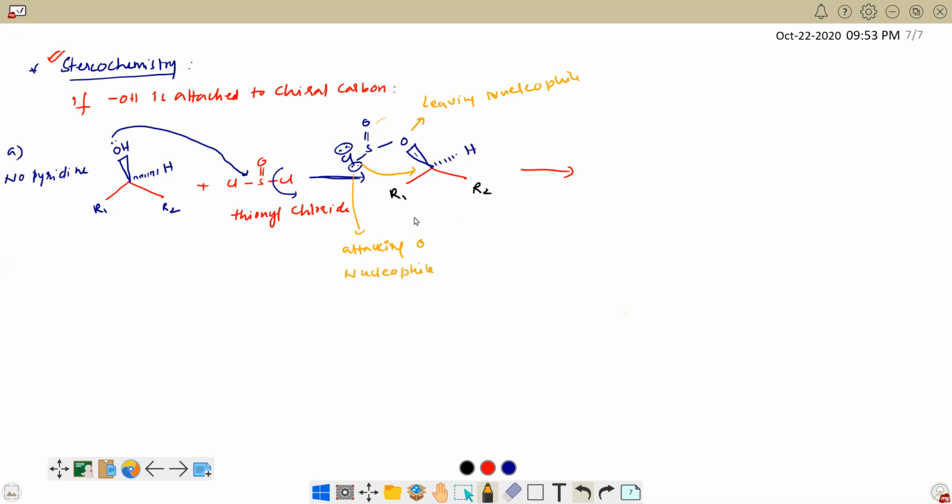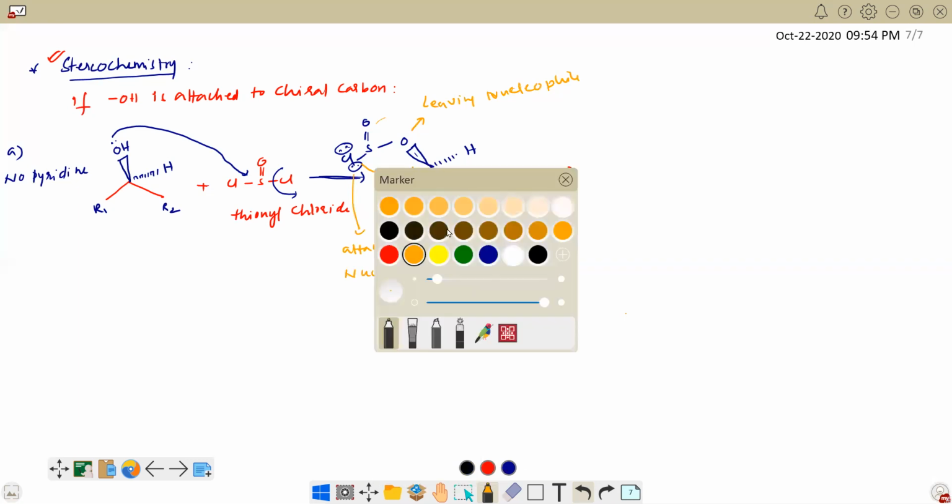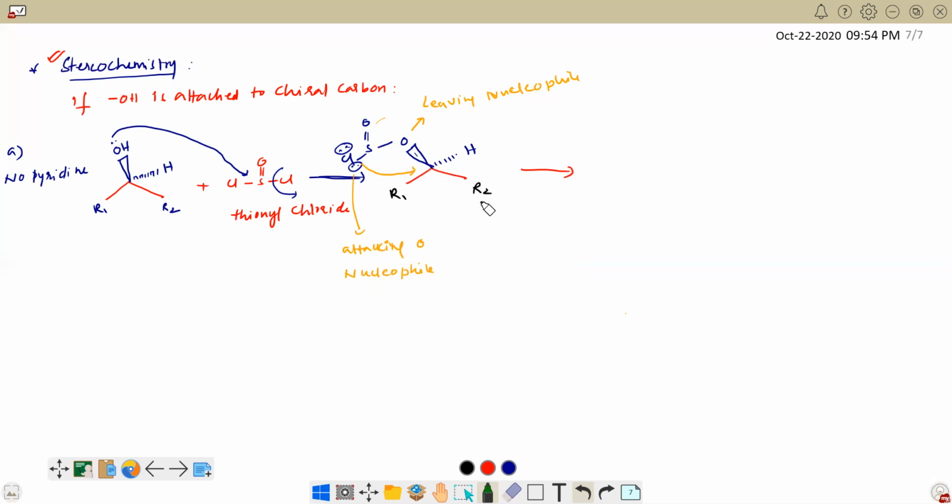They are present in the same species, all in one molecule. Understood? Now this is known as intramolecular nucleophilic substitution. Why? This is the leaving group, this is the attacking group within the system. That's what is called intramolecular nucleophilic substitution.